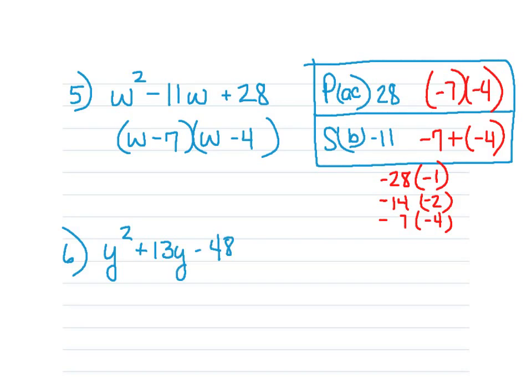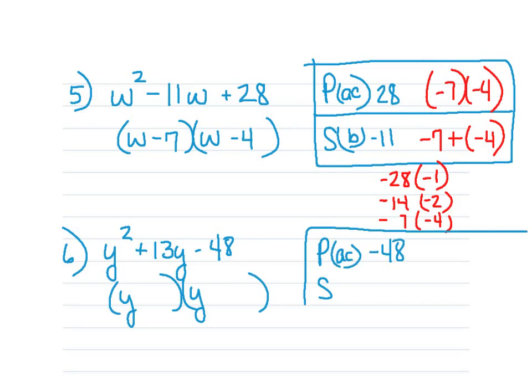So in this problem, I can't factor out a GCF, I can't use grouping, and I'll always check for those first. So I know I need to use the product and sum strategy. So my product is 1 times negative 48, so that's negative 48. And my sum is positive 13, it's B, 13.